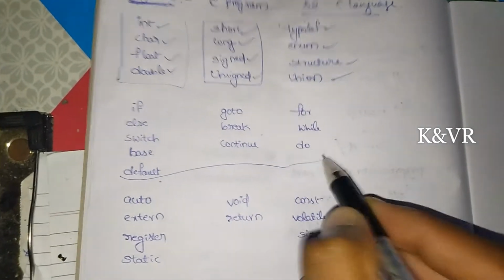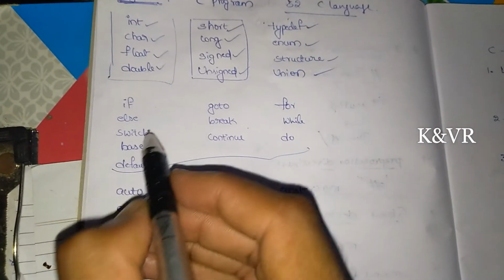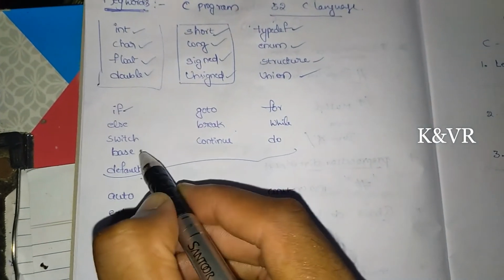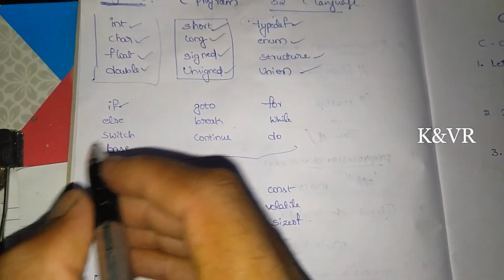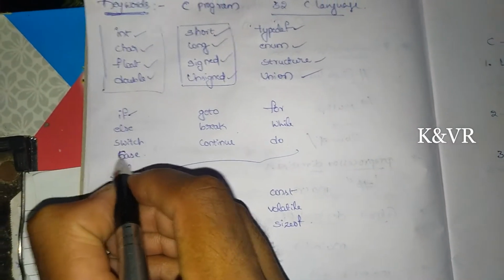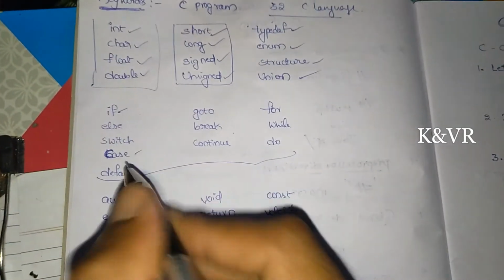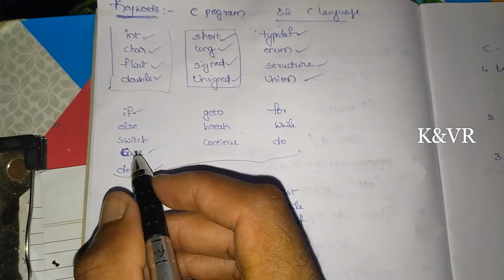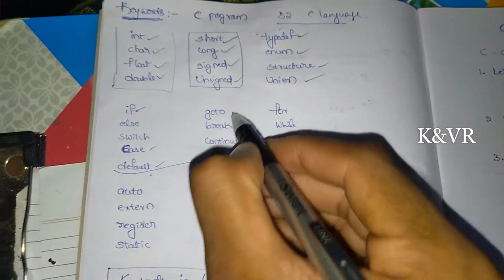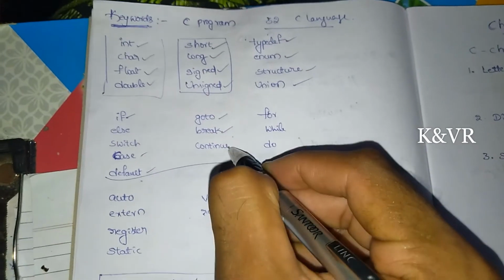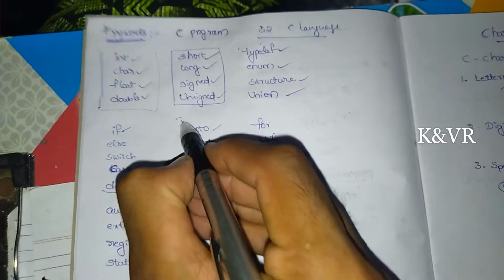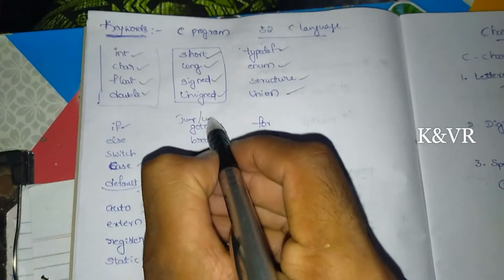These all come under control statements. These are if, else, switch, case, default. These come under decision or selection statements. And these are goto, break, continue. We call these jump statements or unconditional statements.